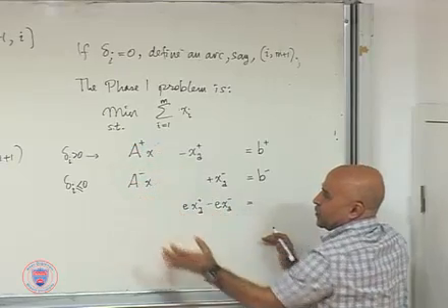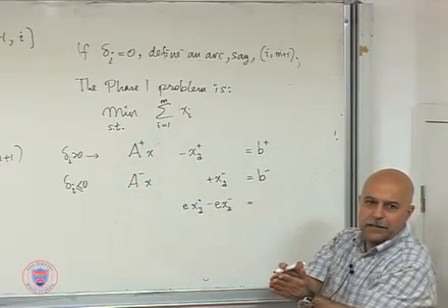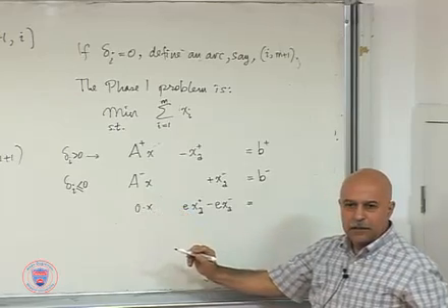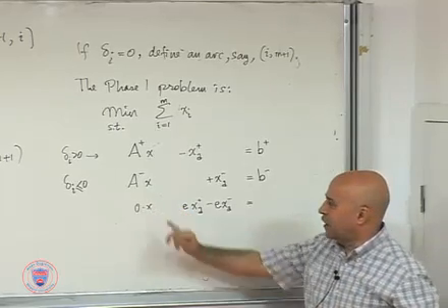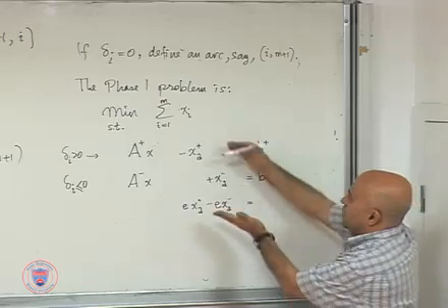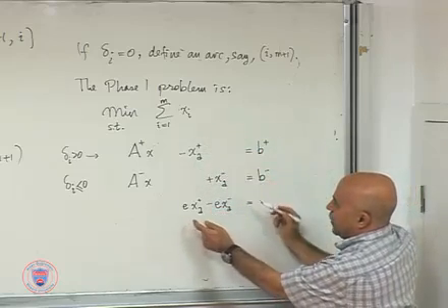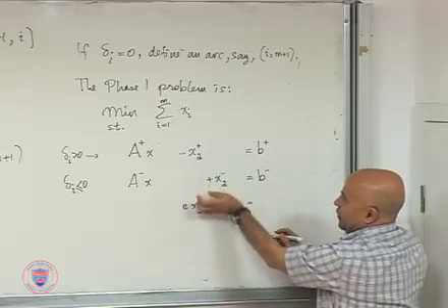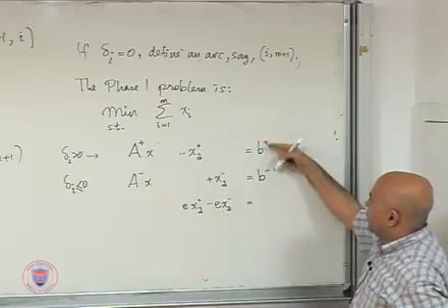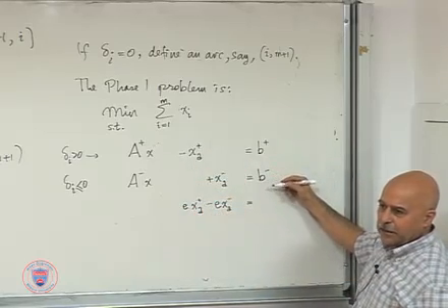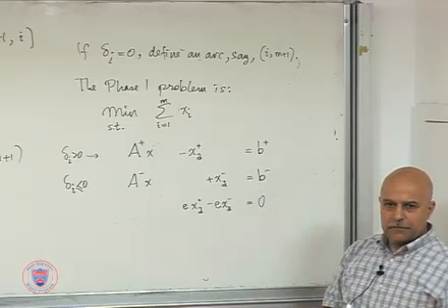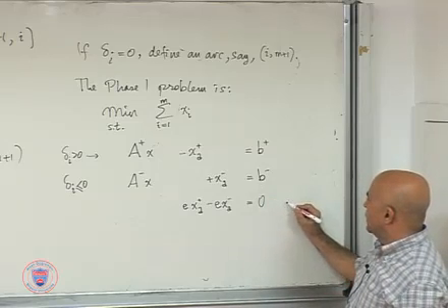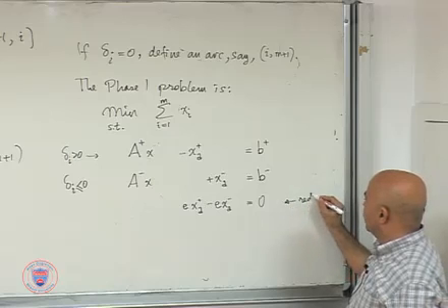When added to this part, well, when they are all added, they give you 0. So you've got 0x here, okay? So for that reason, I'm not writing it down. This part, when you add them up, you take the negative of it. So the summation here will be this way. When you add up the right sides, because this is balanced, you get 0. This is a redundant row.